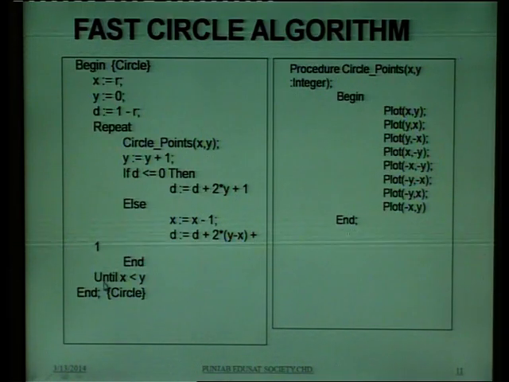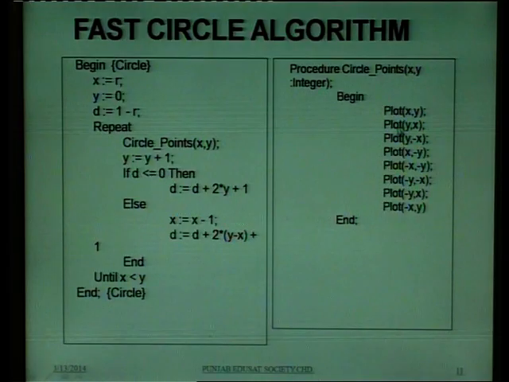Then you have to repeat this procedure until x is less than y, and this is the end of the circle. With this fast circle algorithm, you will be drawing the circle, finding the location of the pixels of the quadrant until you reach the value of x which is less than y. This is the procedure which we had already used.